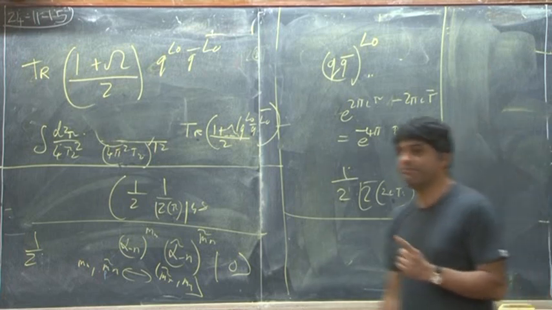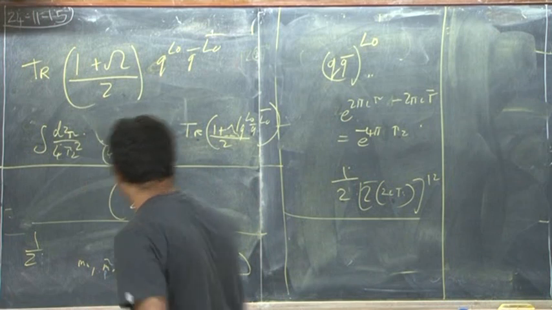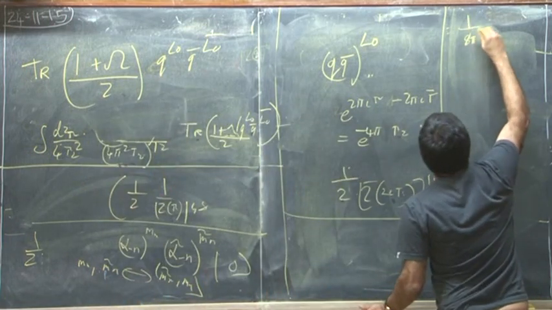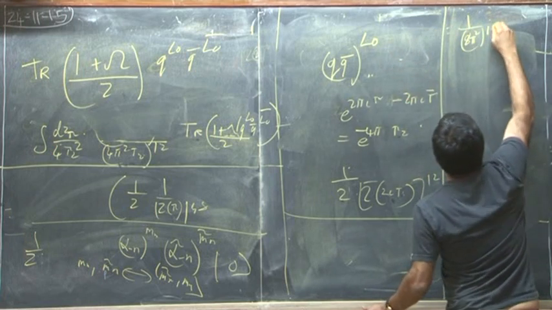What's important is the relative factors between what happened with the open string and what's happening here. So let's say the open string has 1 over 8 pi squared to the power 13.